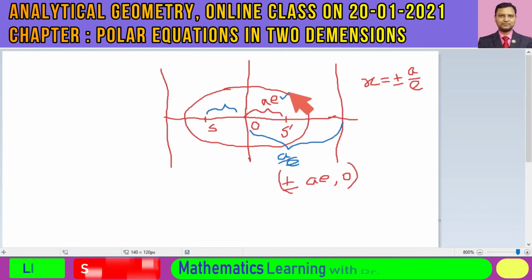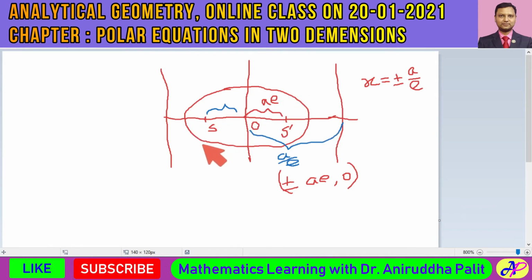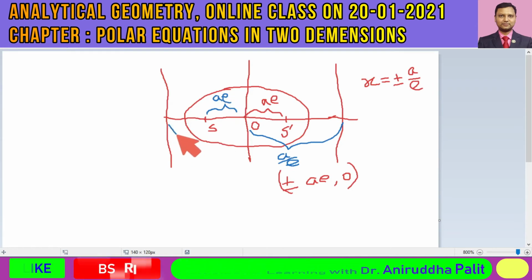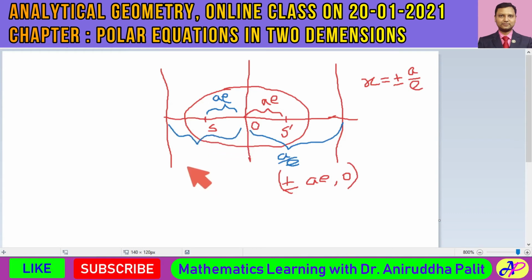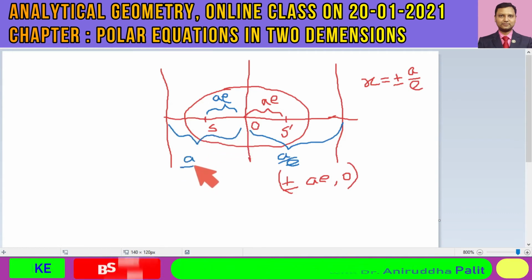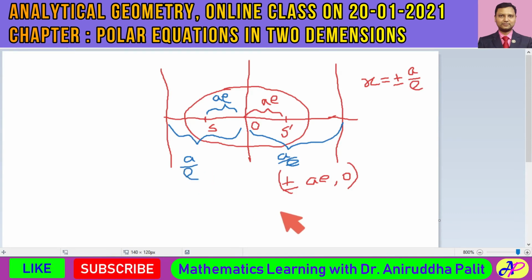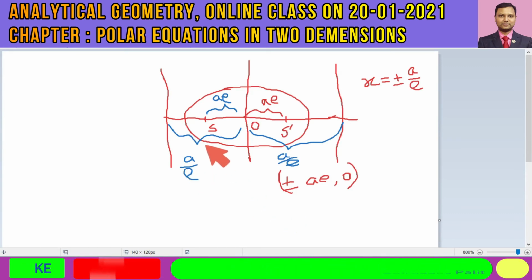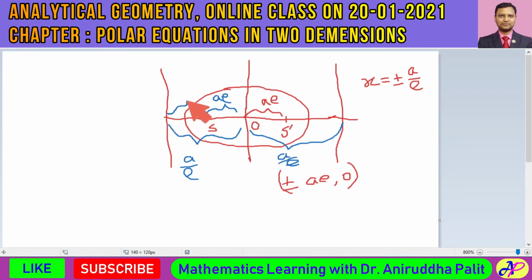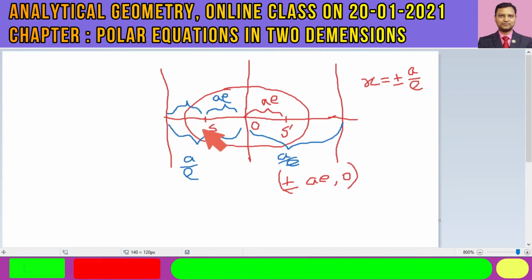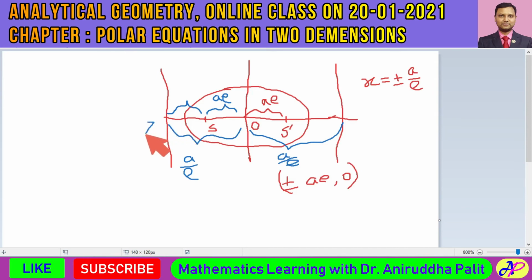In the positive portion we have plus AE, in the negative portion we have minus AE. That's why the coordinate of this point would be minus AE comma 0. Anyway, this much length would be equal to AE, and this much length would be equal to A divided by E. So keeping this result in our mind, what would be the length of this portion starting from S to the point Z?